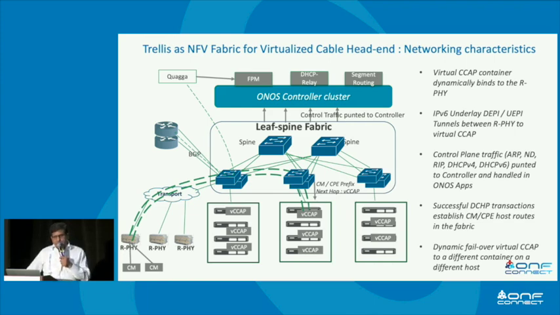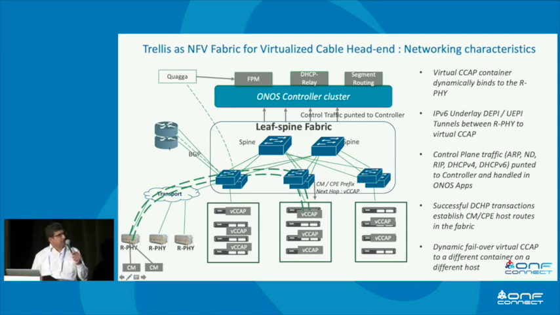The other aspect I wanted to touch upon, to give the full perspective of the solution, is that the remote PHY is the one which connects the cable modems that you might have. We have an L2TPv3 tunnel which gets the traffic into the virtualized CCAP entities, and after that it goes into the underlay and out to the metro network.